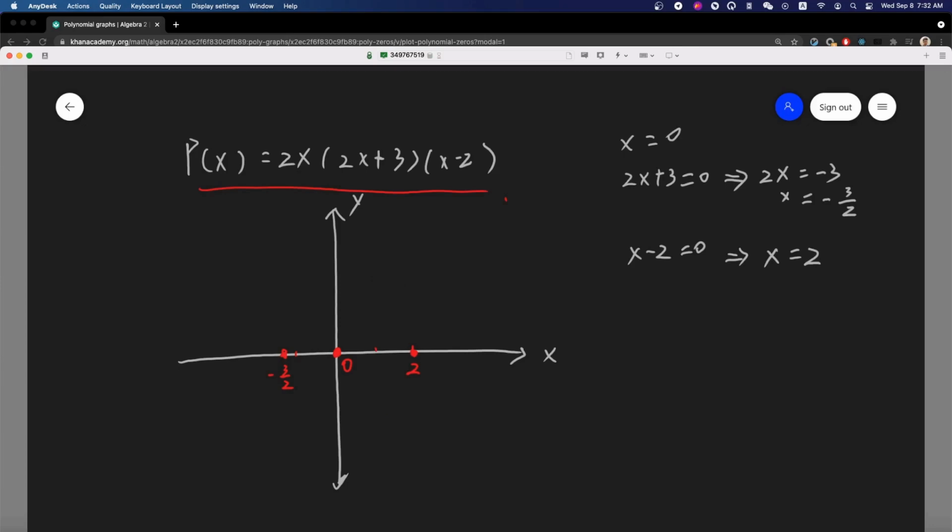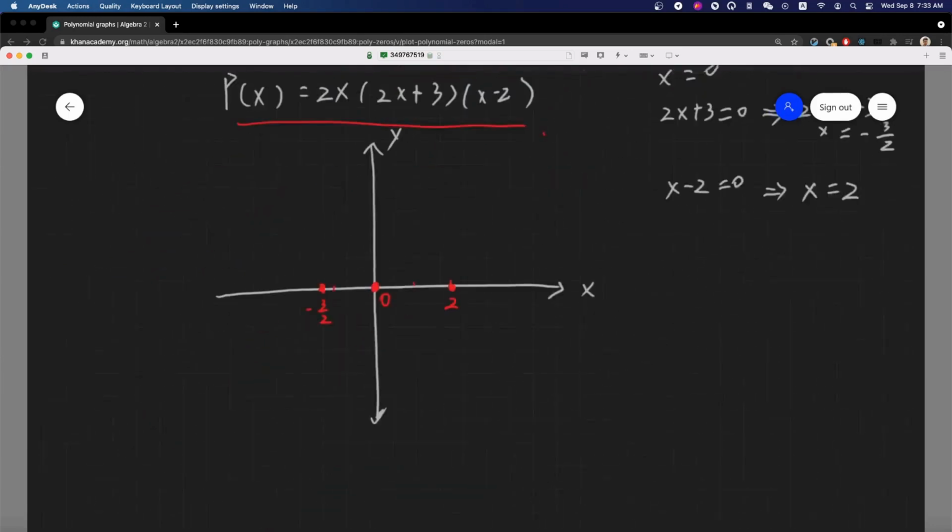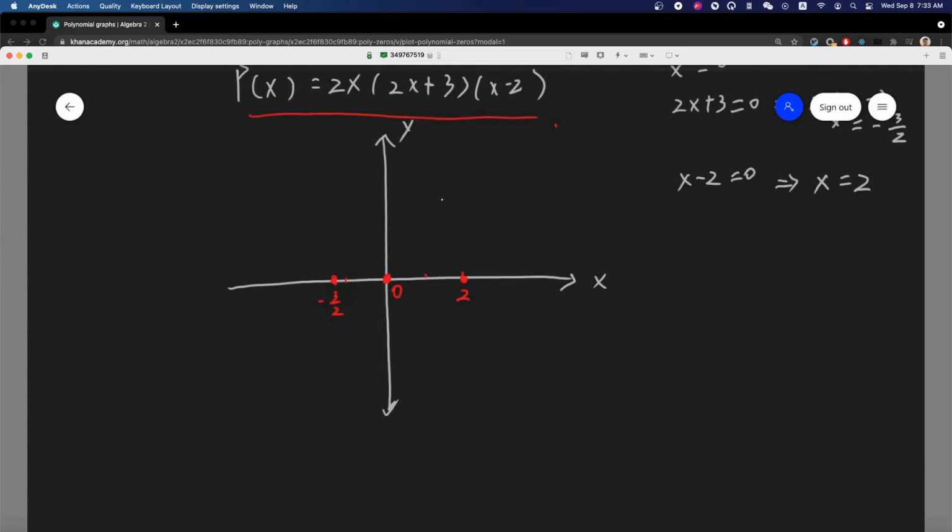Well, we don't know unless we test it out. For example, if we assume x equals 1, then P(x) is 2 times 2 plus 3, times 1 minus 2, which is 10 times negative 1, equal to negative 10. Alright, so it would start from the lower side.